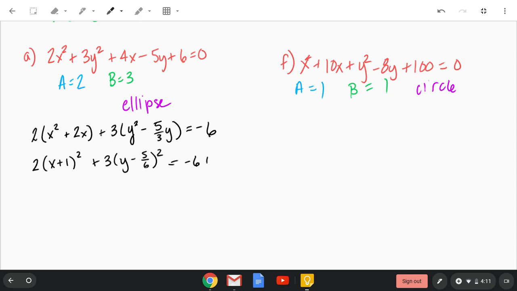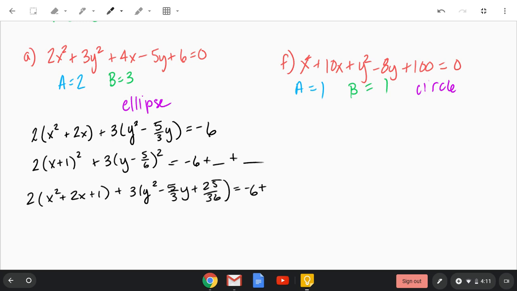And when we complete the square, that means that we added something. We're going to figure out what we added. And don't forget those coefficients.